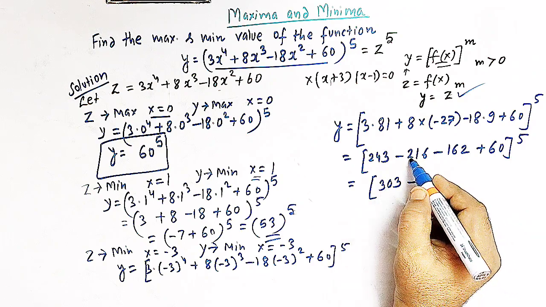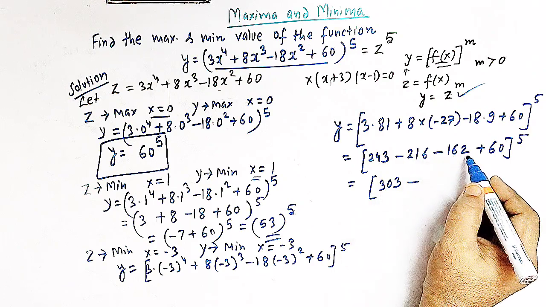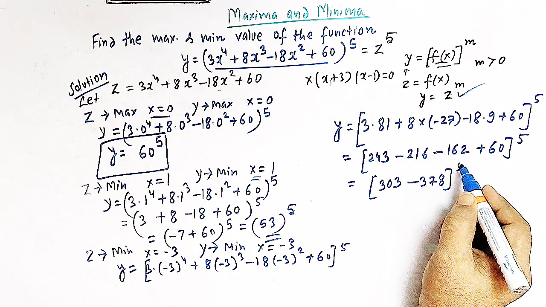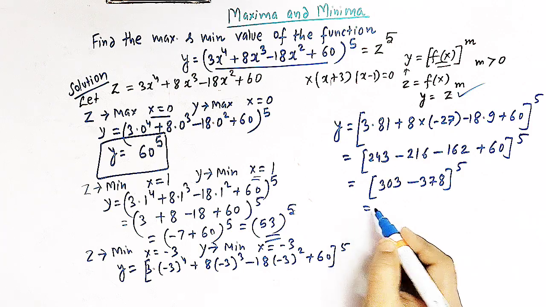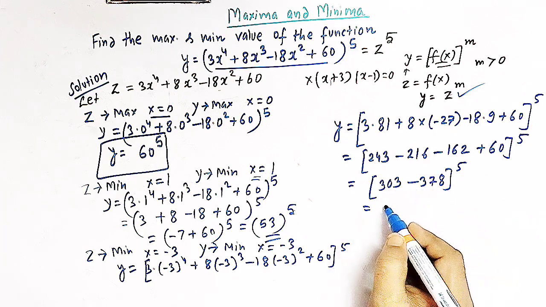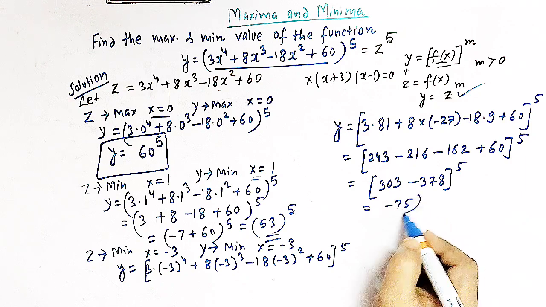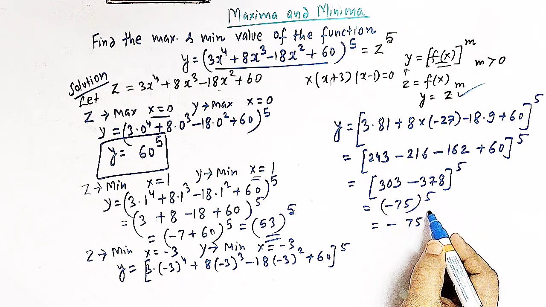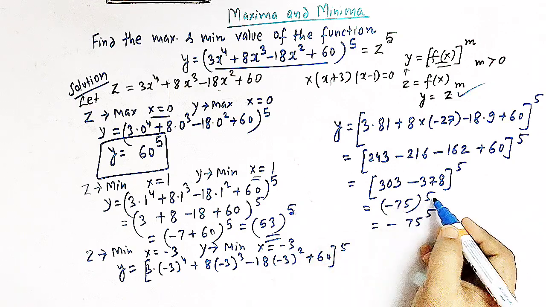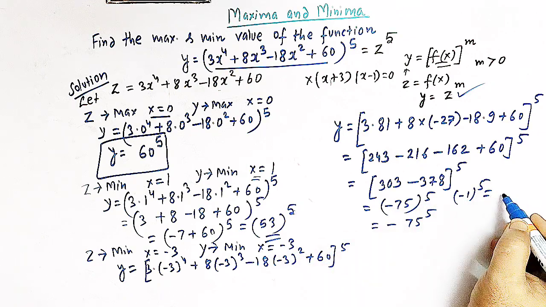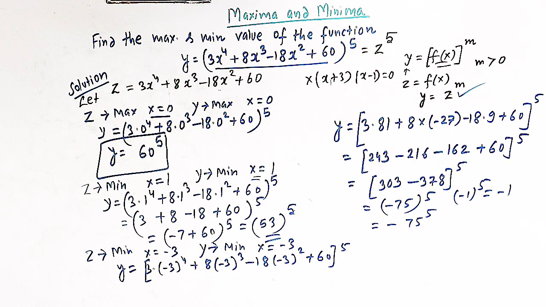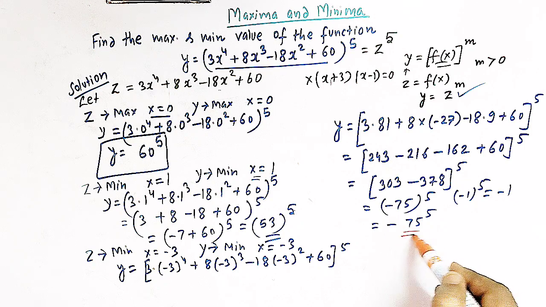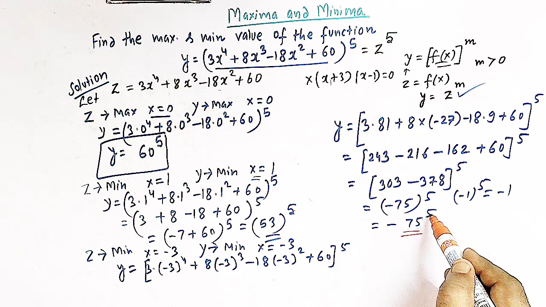And here minus 216 minus 162 is minus 378, right? So 303 minus 378 is minus 75 raised to 5. So this is minus 75 raised to 5, right? Because here minus 1 raised to 5 is minus 1. So the minimum value of y is given by minus 75 raised to 5, right?